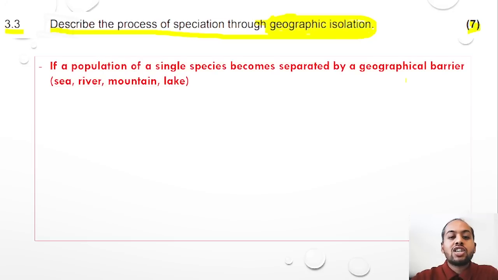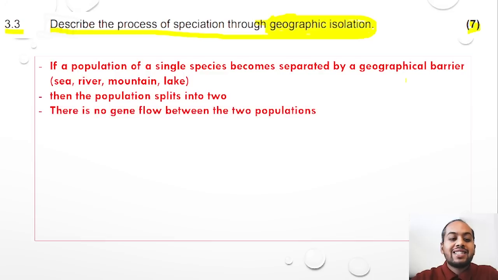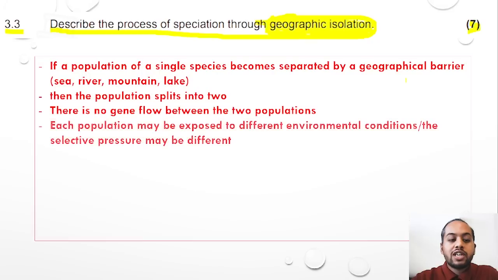If a population of a single species becomes separated by a geographical barrier, that's a sea, river, mountain or lake, then the population splits into 2. There's no gene flow between the 2 populations.